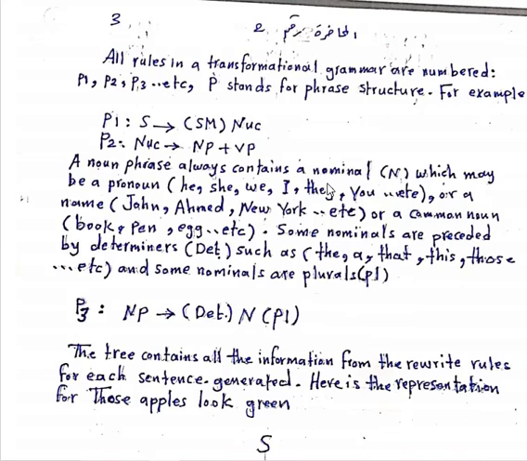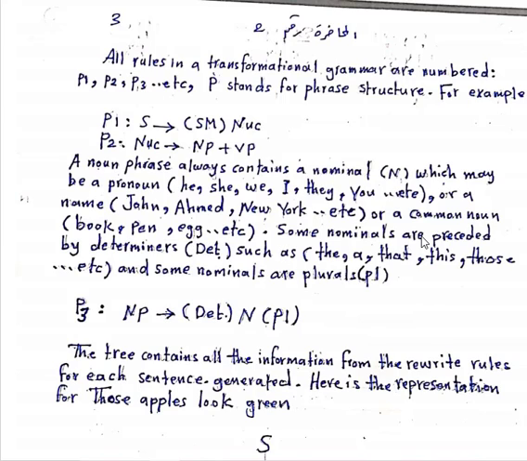The noun in the sentence may be a pronoun: he, she, we, I, they, you, etc., as we have the pronouns in the English language, or a name: John, Ahmed, New York, etc., or a common noun like book, pen, egg, etc.